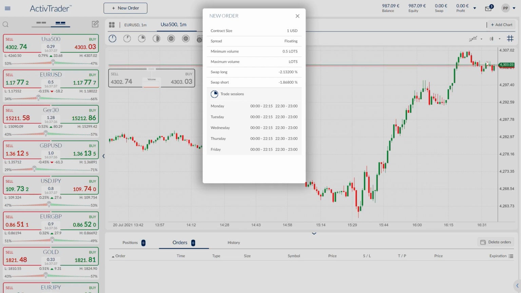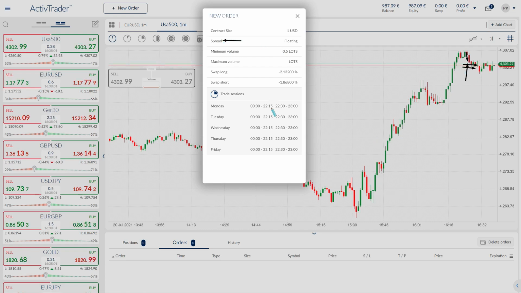You trade a markup and markdown corresponding to these red lines and green line, which means when you buy, you buy at the green line. When you sell, you sell at the red line. So if you were to immediately buy and sell the same assets, you would pay this difference, which is the one we call the spread. This is the broker's commission.